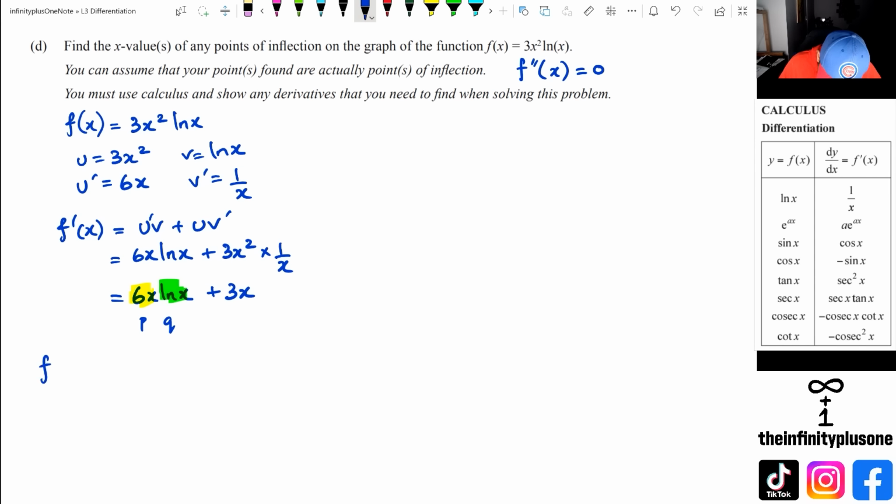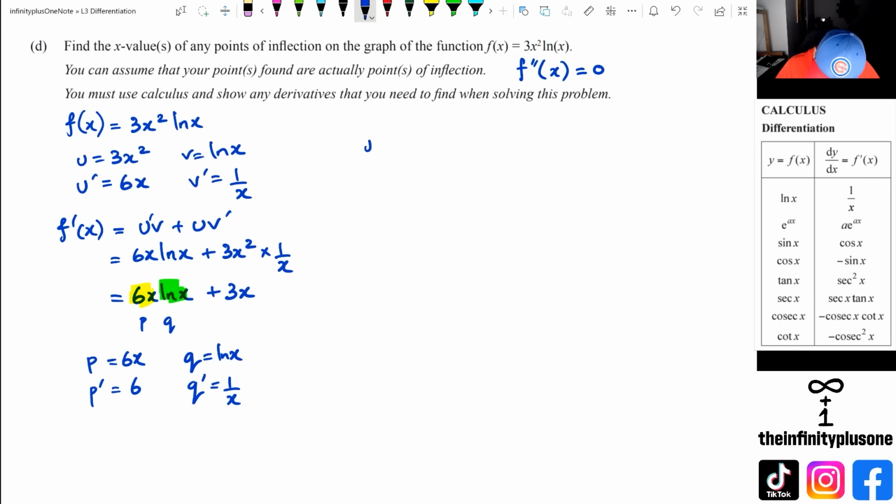So to show you here, f dash of x. Let me just do PQ first. P is equal to 6x, then P dash is equal to 6, Q is equal to ln of x, Q dash is equal to 1 over x.